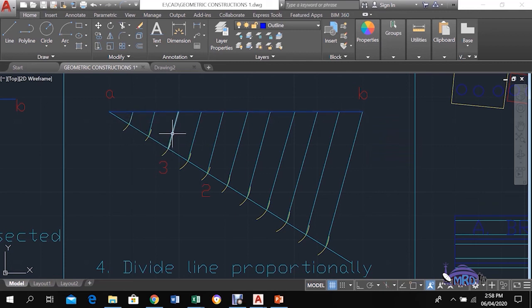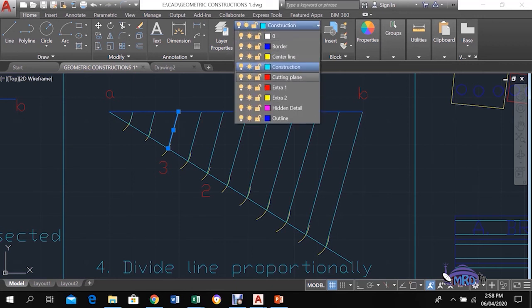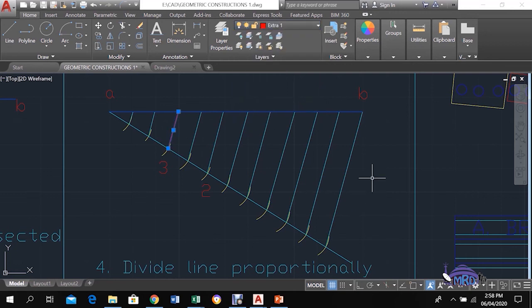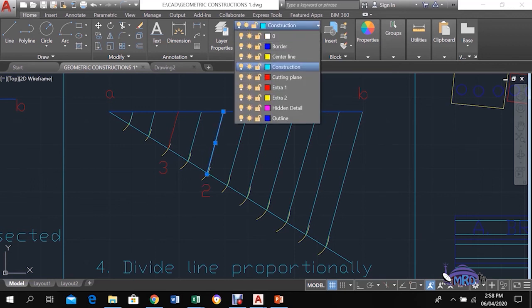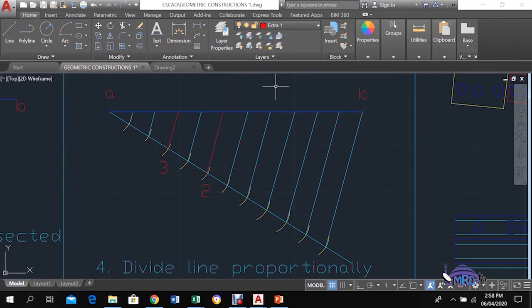Now, once you have done that, what we're doing then is counting off the ratio. So if you look here, we have 1, 2, 3, and we've marked off number 3. This line then will be parallel to the line drawn in for B at the bottom.